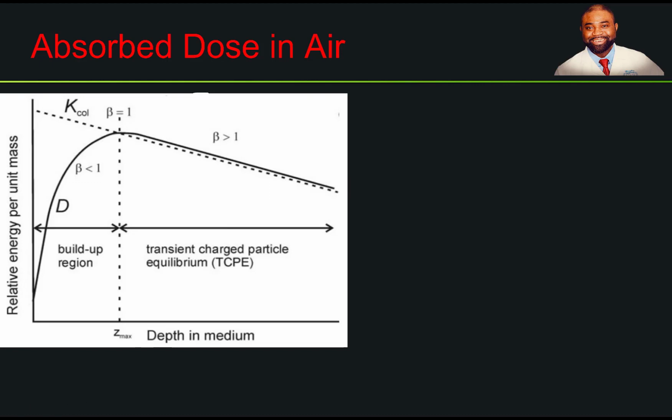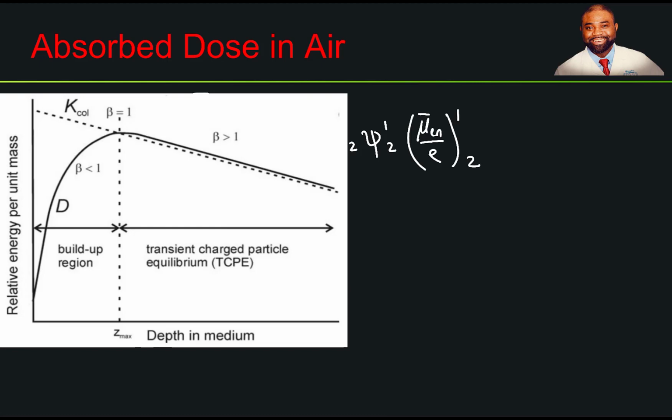This can be represented as beta 1/2, psi 1/2, and the average mass absorption coefficient ratio 1/2. These are all ratios. Therefore, the dose to medium 1 is equal to beta 1/2 psi 1/2 multiplied by D2.